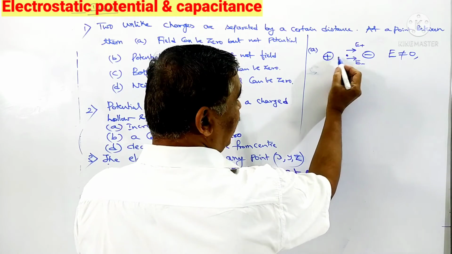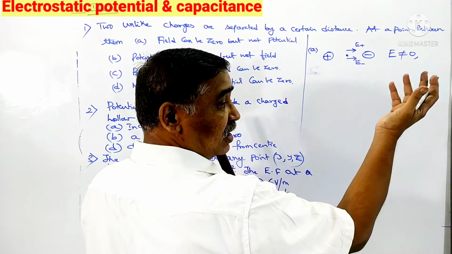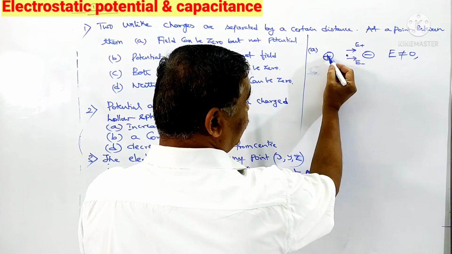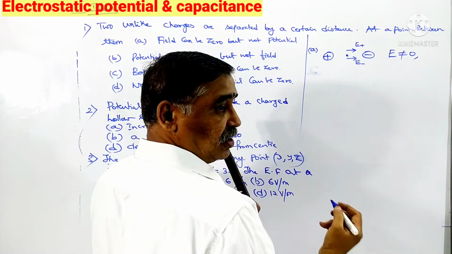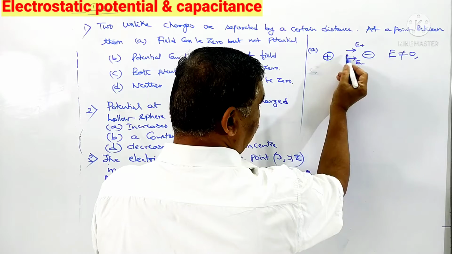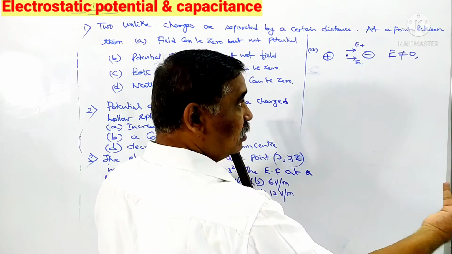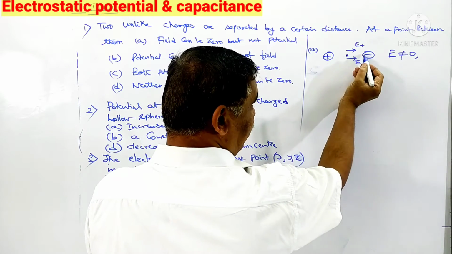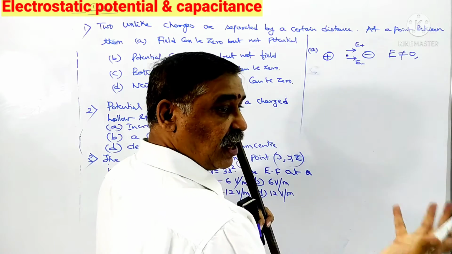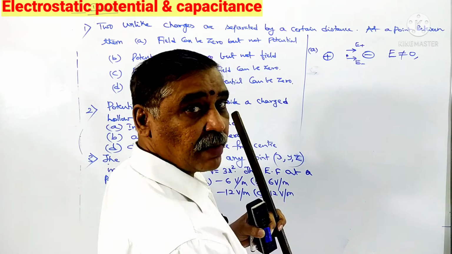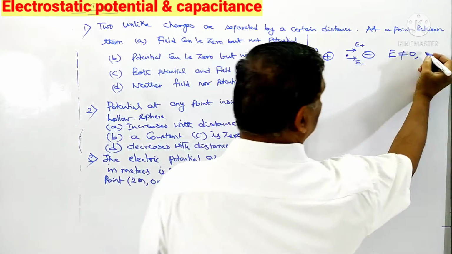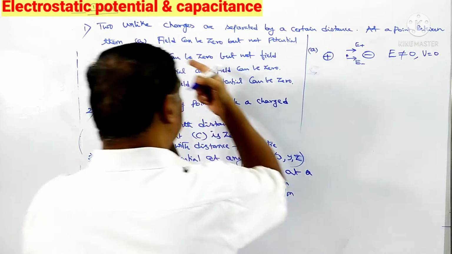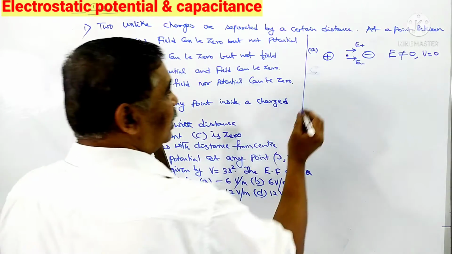If you calculate potential here, potential is the sum of the potentials due to positive charge and negative charge. Potential at this point due to positive charge is a positive value. Due to negative charge, that is a negative value. Both have the same magnitudes. So if you add them, you get potential equal to 0. So therefore option A is not the answer.